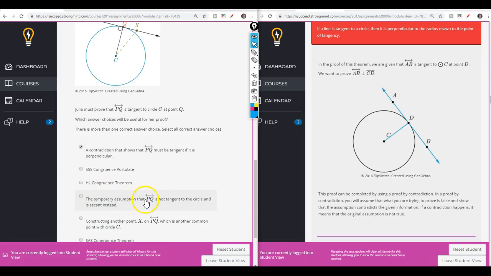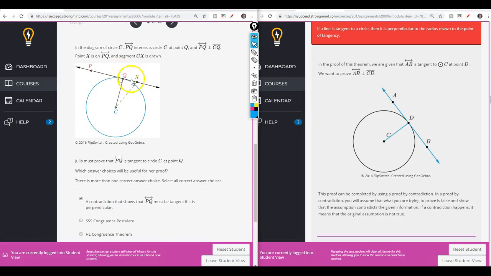A temporary assumption that line PQ is not tangent to the circle and is secant instead. Okay, that is what the contradiction would be: instead of it being tangent, this PQ would actually hit the circle in two places, one right here and one right here. That's what secant is. So that's the contradiction.